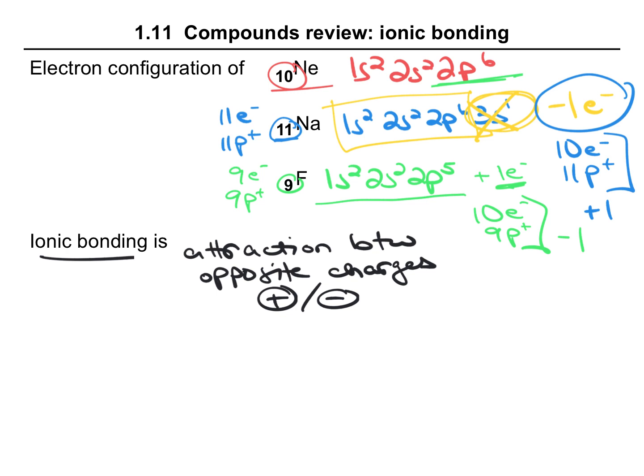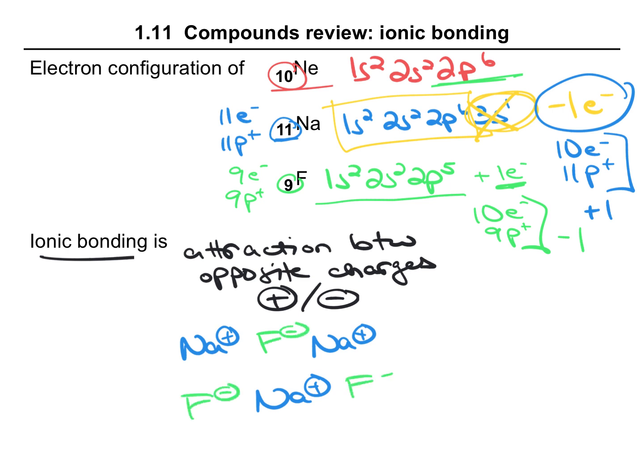Those are exothermic processes. When we have an ionic compound, we're going to have our sodium ions, and these are going to be attracted to our fluoride ions. So what we get is really a whole network of attraction.